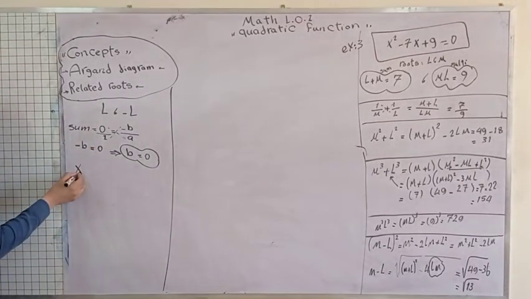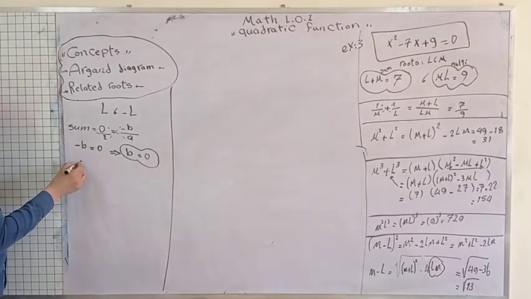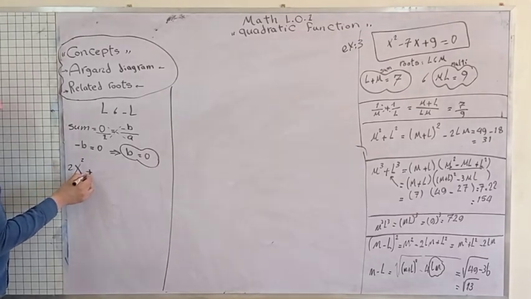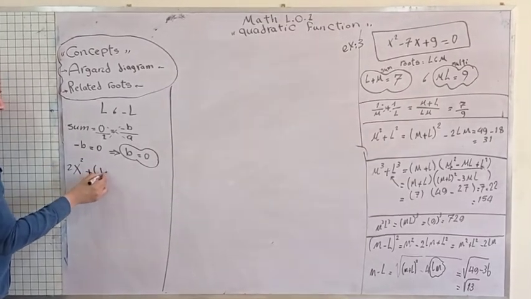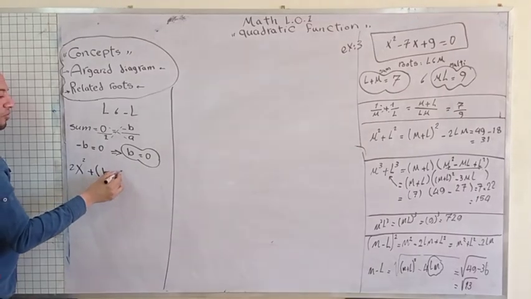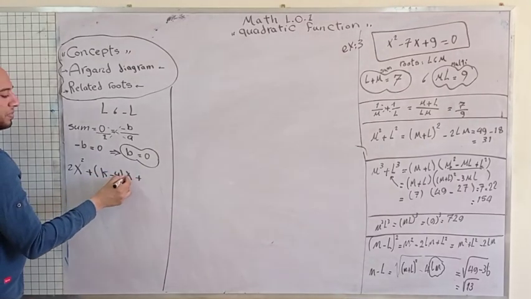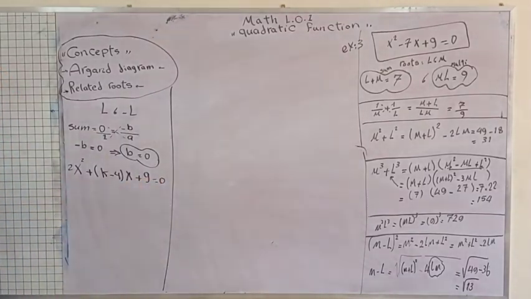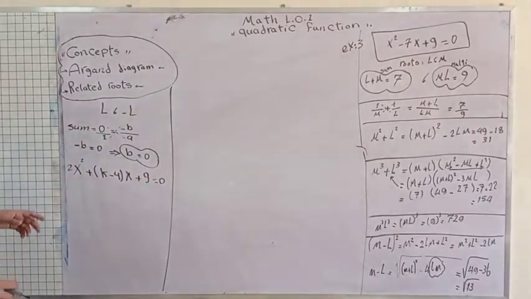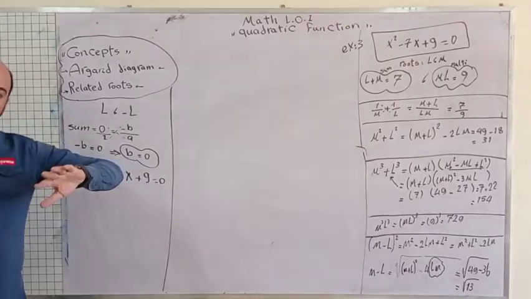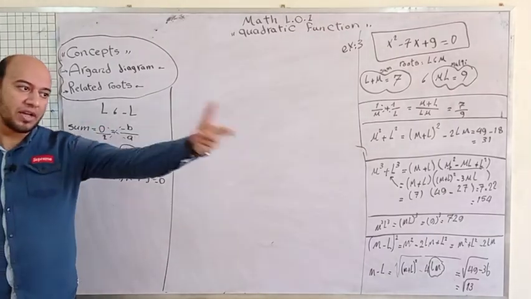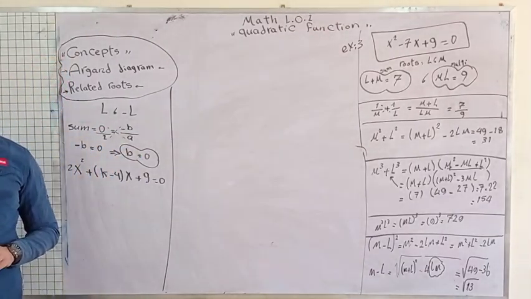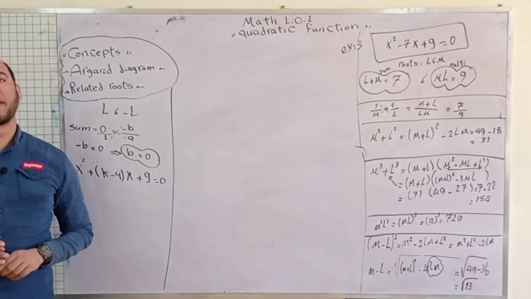Then if I give you an equation, 2x squared plus (k minus 4)x plus 9 equals 0, and I told you that one of its roots is the inverted addition of the other root, what is the value of k?